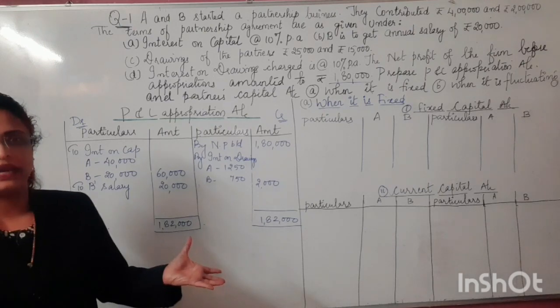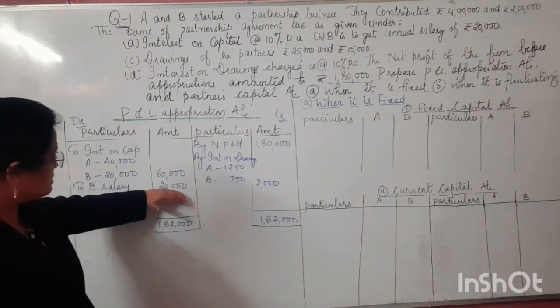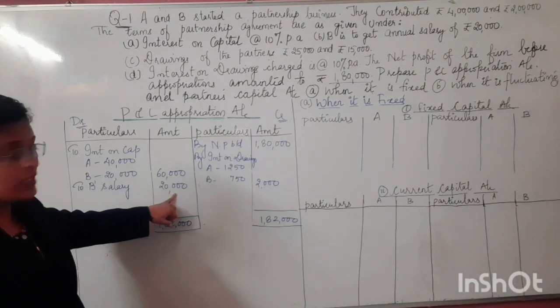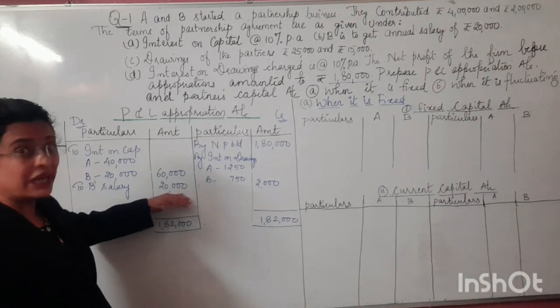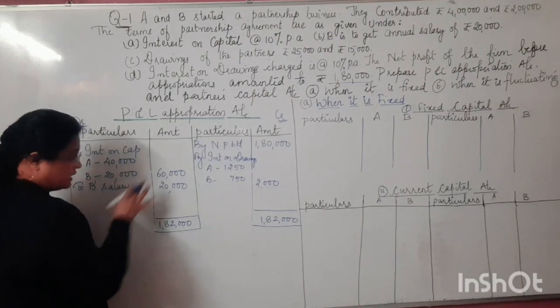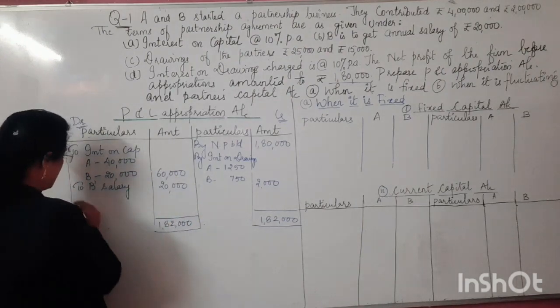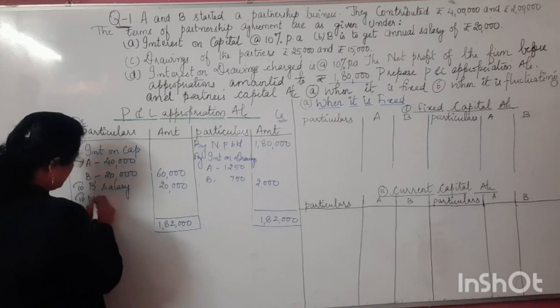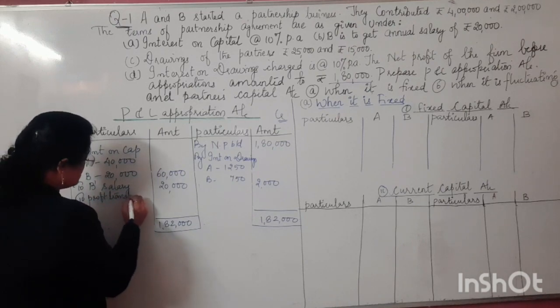The process of ledger balancing is very simple: 1,82,000 minus 60,000 plus 3,000, that means 1,82,000 minus 80,000. The credit side is more, so we have a credit balance, which means a profit on the debit side. We will write here: profit transferred to partners' capital account.